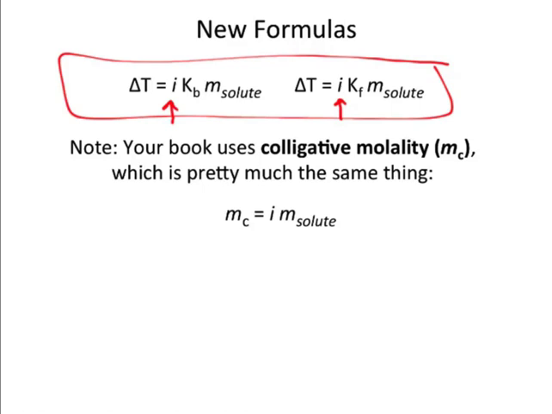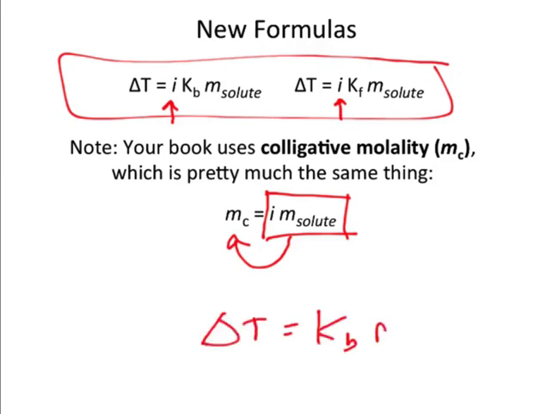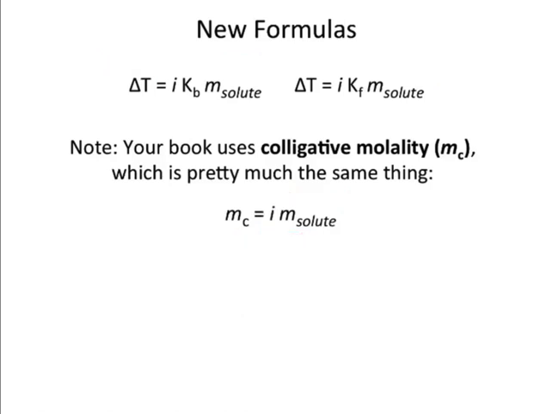Now, your textbook uses this thing called colligative molality, where they basically take i and the molality and multiply them together and make one constant. So then they'd write delta T is equal to Kb times molality colligative. I don't like that, so I don't use it, but just be aware that that's the way your book does it.